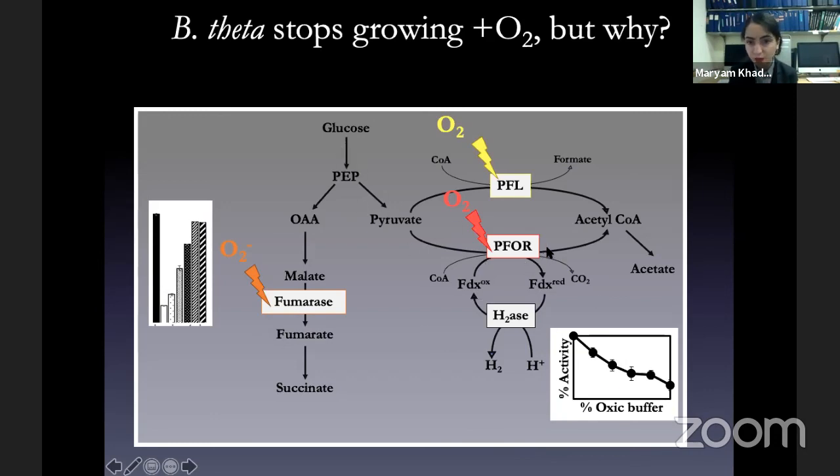Therefore, it would be able to keep the flux through the right branch, and the fumarase would keep getting inactivated, but it keeps getting reactivated. So we will have some degree of fumarase activity as well, so we will have the left branch running as well. Therefore, it seems like they would be able to survive these conditions.